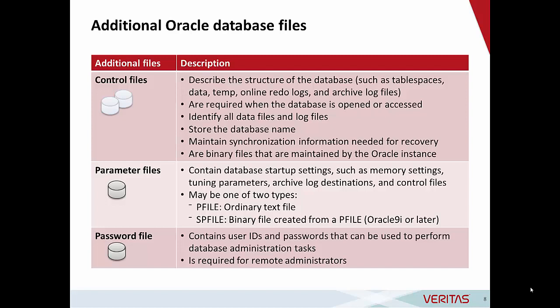Modern versions of Oracle use an SP file, which is a binary file. Older versions use a P file, which is a text file. There's a subtle difference there in that full backups of the database automatically protect the newer SP files and do not automatically protect the older P file type of parameter files. And it's possible that a password file may also exist if you're using Oracle authentication to manage permissions for who can access the database.